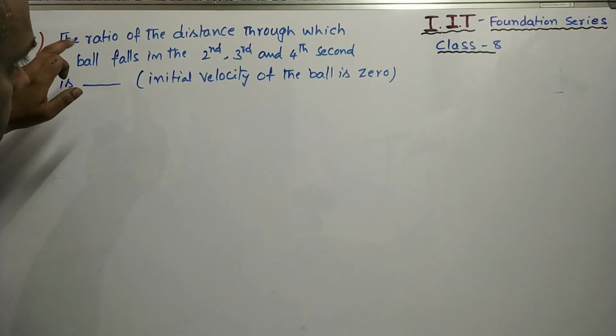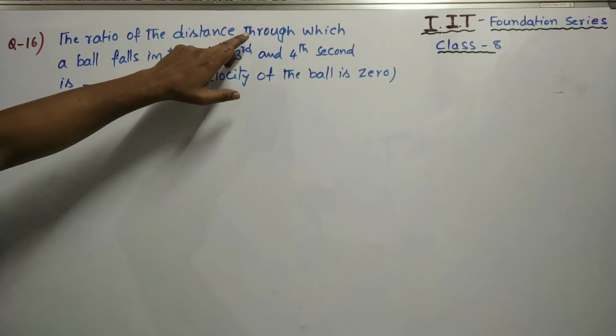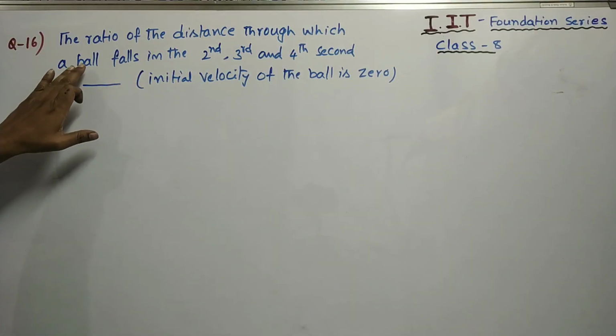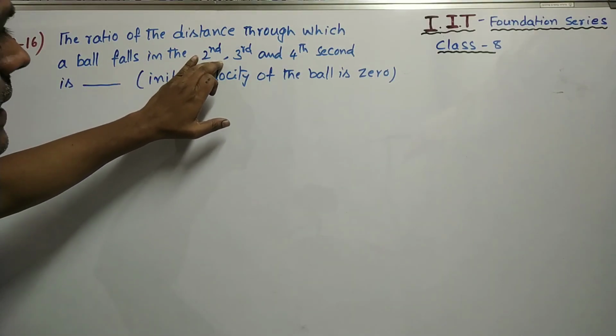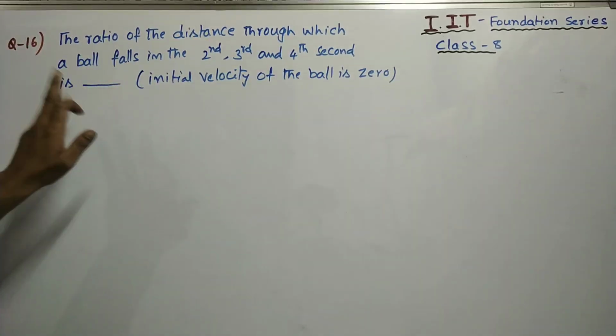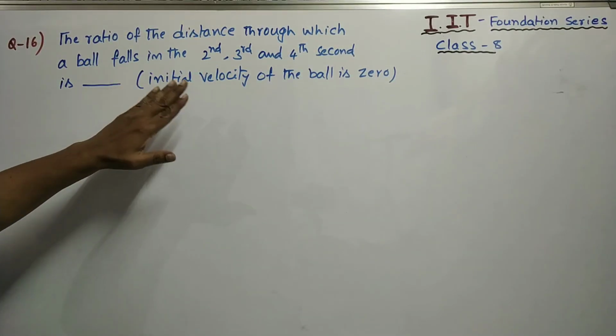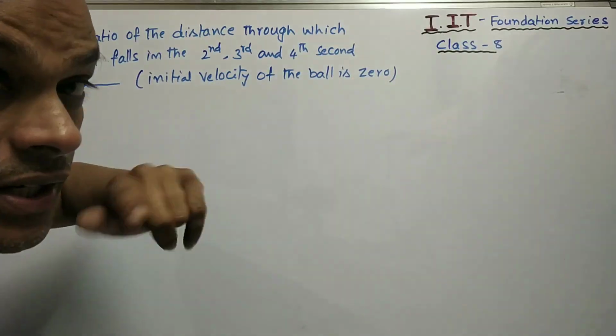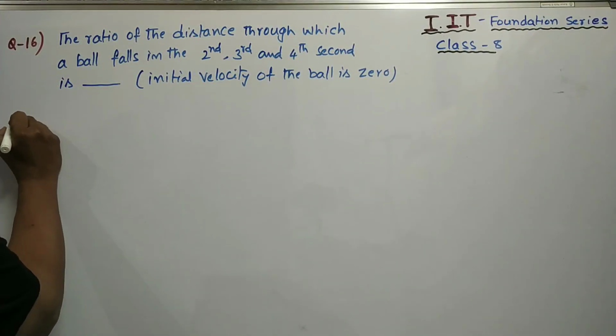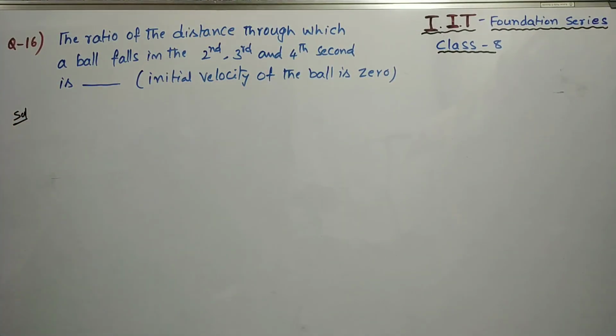The 16th question. The ratio of the distance through which a ball falls in the second, third and fourth second is. Some additional information is also given in the question: the initial velocity of the ball is 0. The ratio of the distance through which a ball falls, so falling means it is a freely falling body.